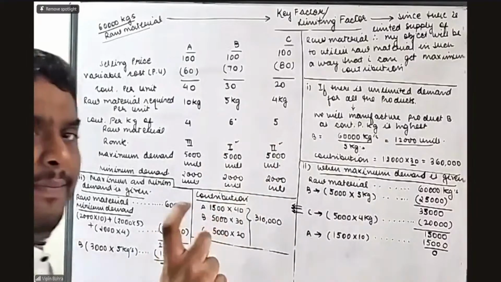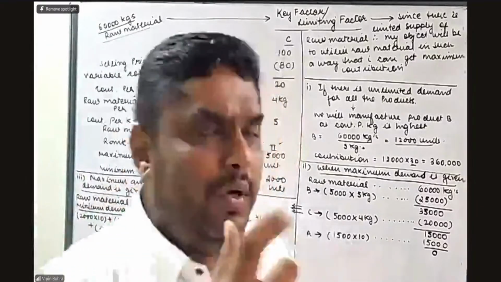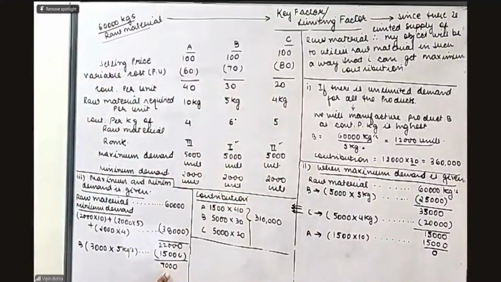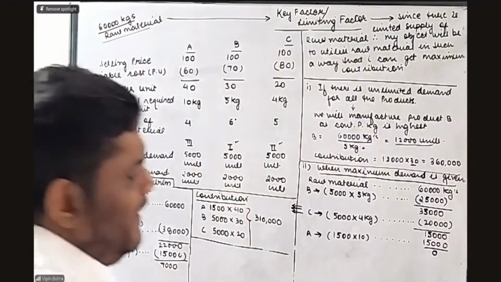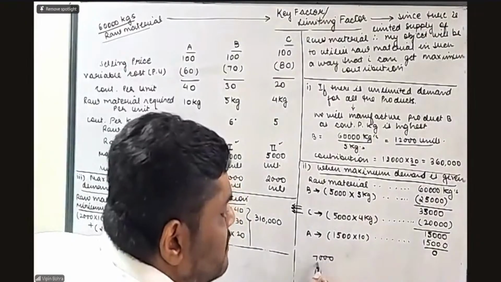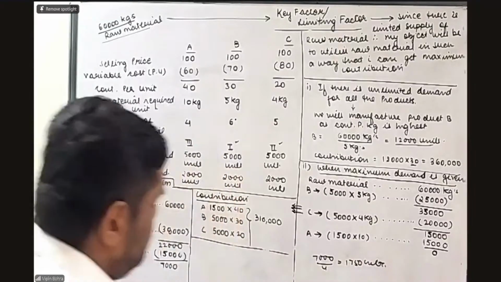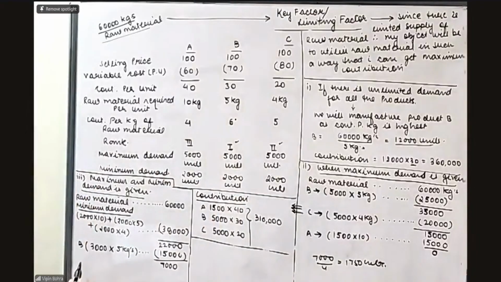Now we have to manufacture the balance units. So we have 4 kgs for every unit and total 7000 kgs we have. So 7000 divided by 4, 1750 units. So in short, for product C, 1750 into 4.